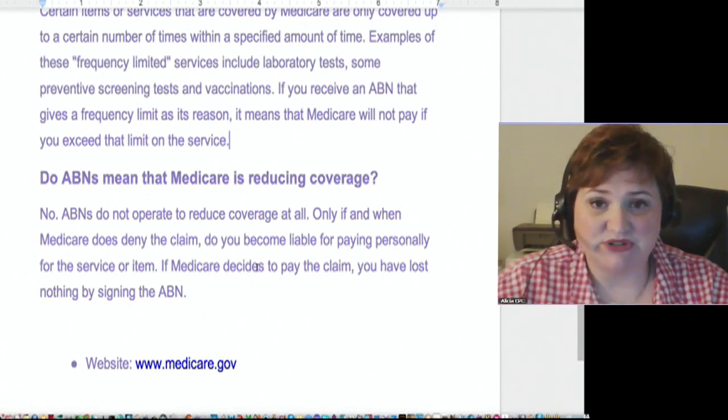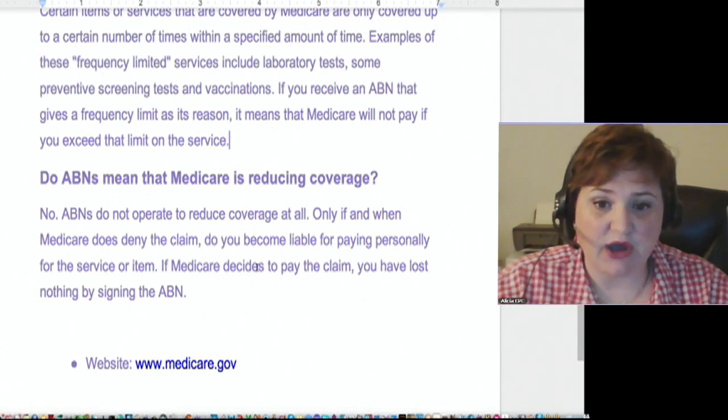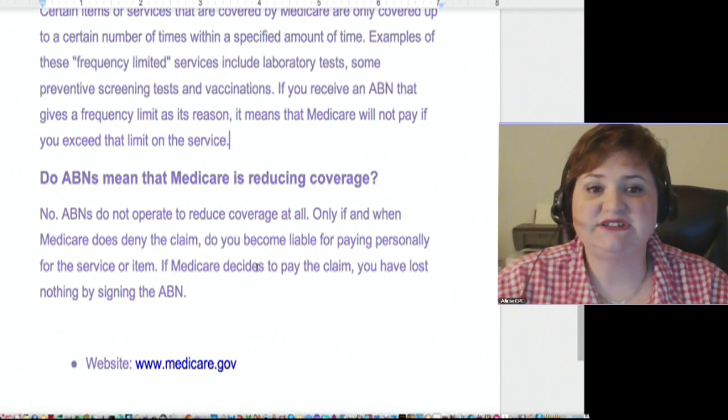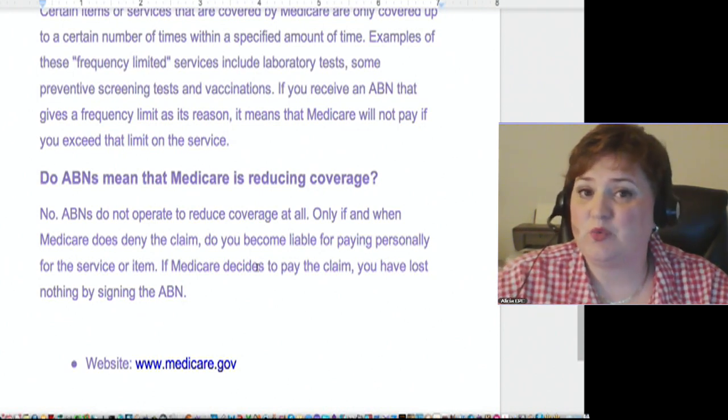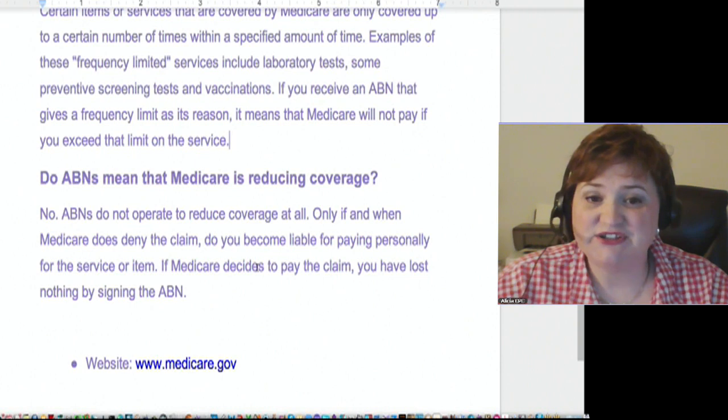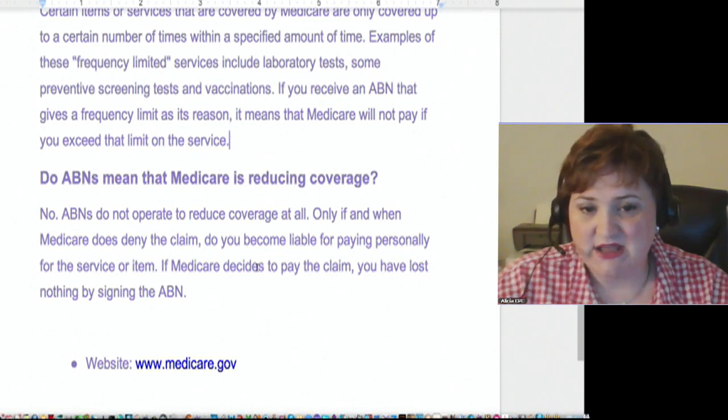That's important to know and to let your patients know. Again, it's just for them to know that if Medicare isn't going to pay something, then they in fact would be the one responsible for paying. And often they have a secondary insurance coverage that picks up the balance.